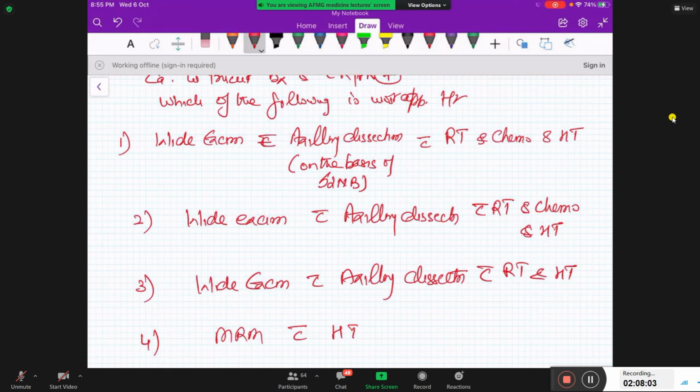It is stage 2, so we prefer doing BCT. If BCT is contraindicated, is there any contraindication mentioned? Then why MRM? So that choice is wrong, and we are left with 3.